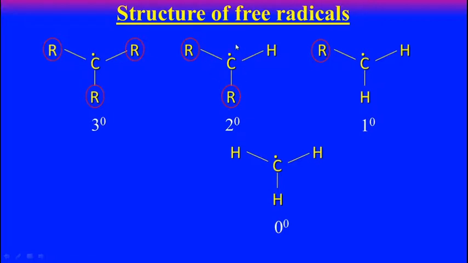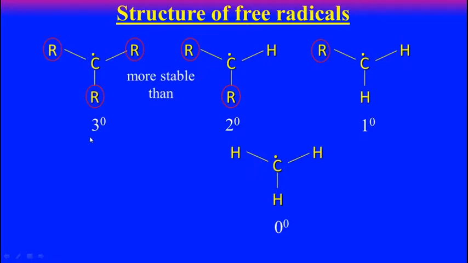So in this case the electron deficiency of the carbon is not easily neutralized by the 2 alkyl groups. So we can say that a 3 degree alkyl free radical is more stable than a 2 degree alkyl free radical.